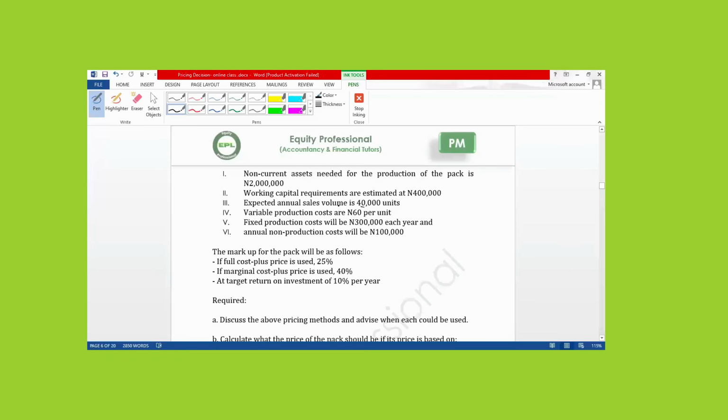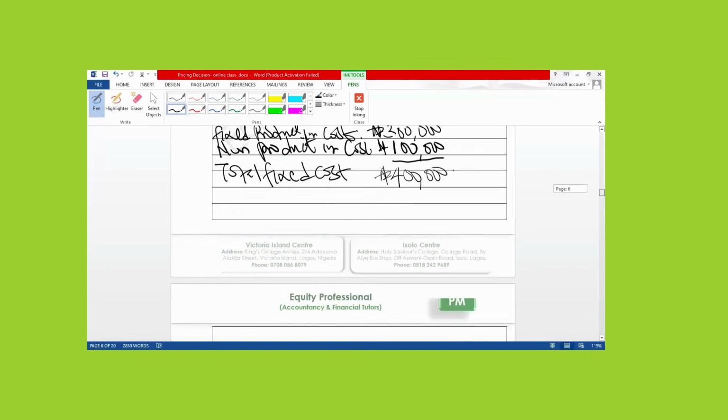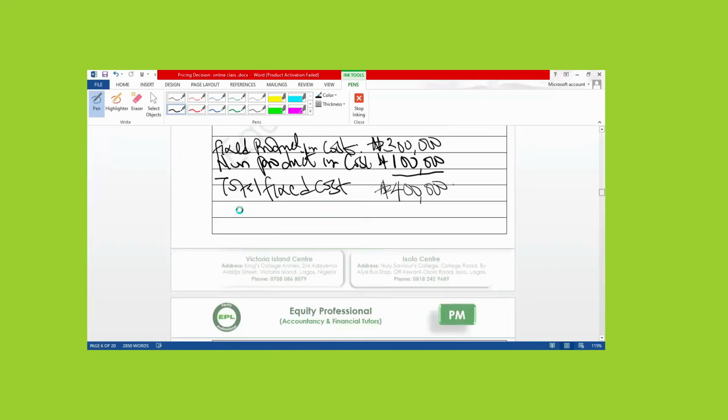Volume of sales equals volume of production. Annual production volume is 40,000 units. I'll return here. Volume of production, 40,000 units.